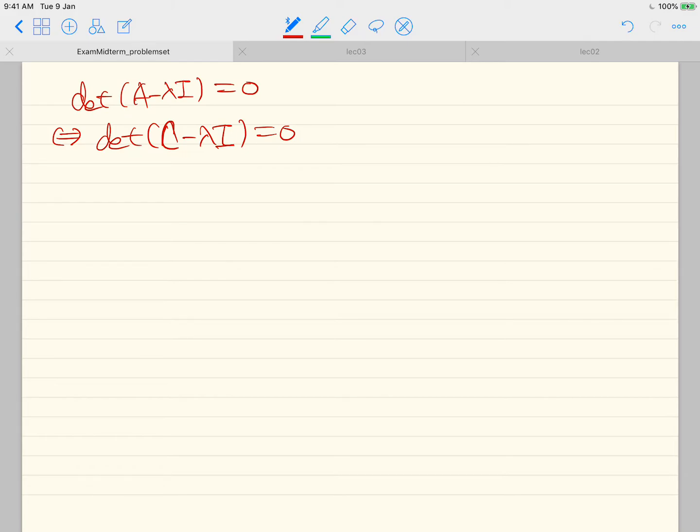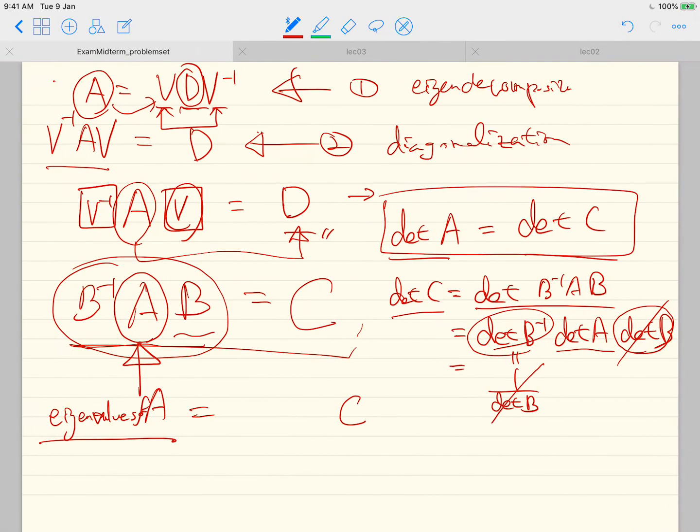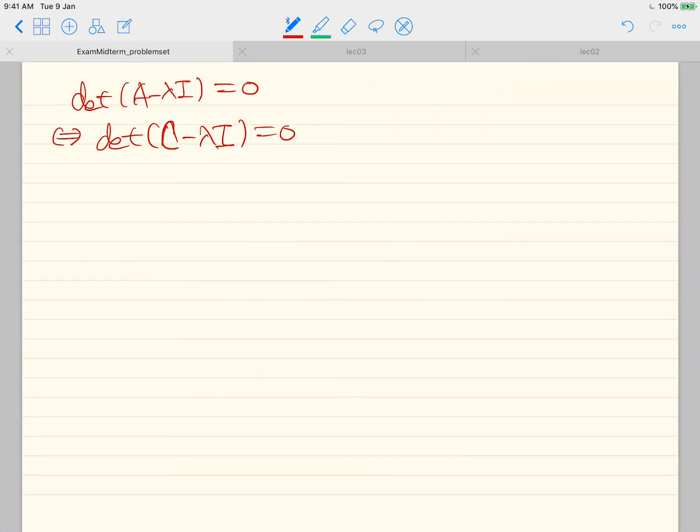So we can also prove this. It's slightly more difficult to prove this one. And how we prove it is as follows.